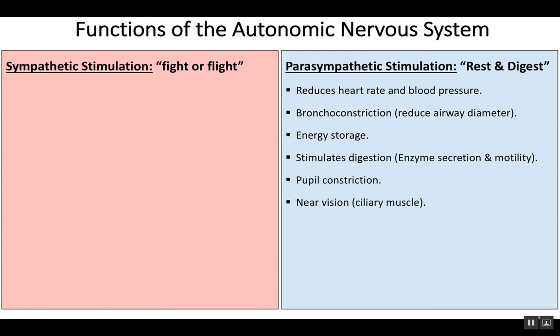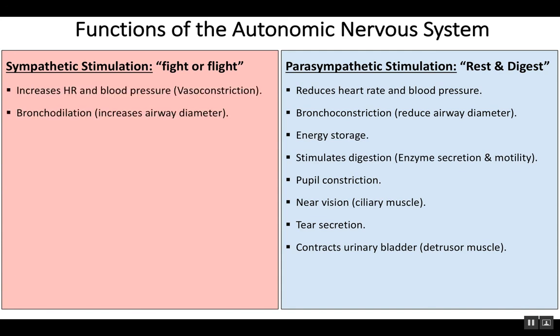It's very difficult to read when you're in a fight or flight mode. Tear secretion is parasympathetic. The urinary bladder is stimulated by parasympathetic neurons. The muscle of the bladder is called the detrusor muscle. That helps you urinate. Urinating is much easier when you're resting.